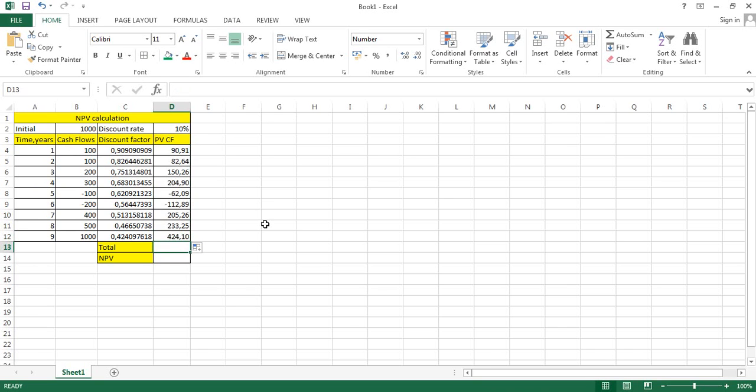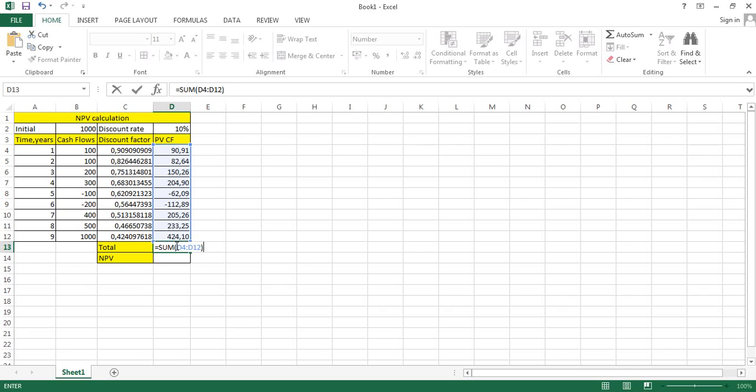But you would like to have a sum, because you need the total sum of your present value of future cash flows. So to do it in Excel, you have to start with equal sign and type sum. Then you open the bracket, select the present values, close the bracket.